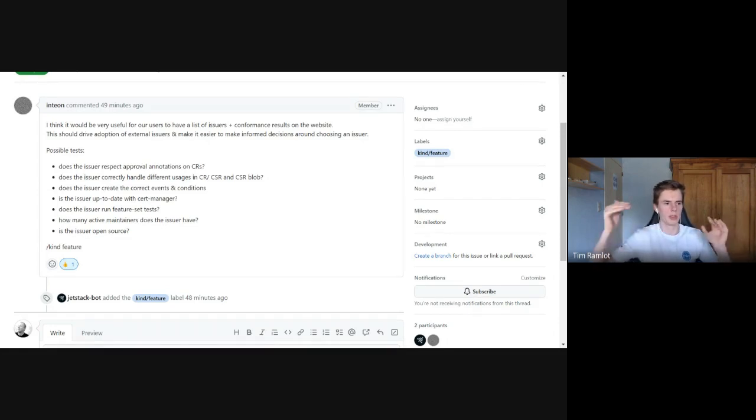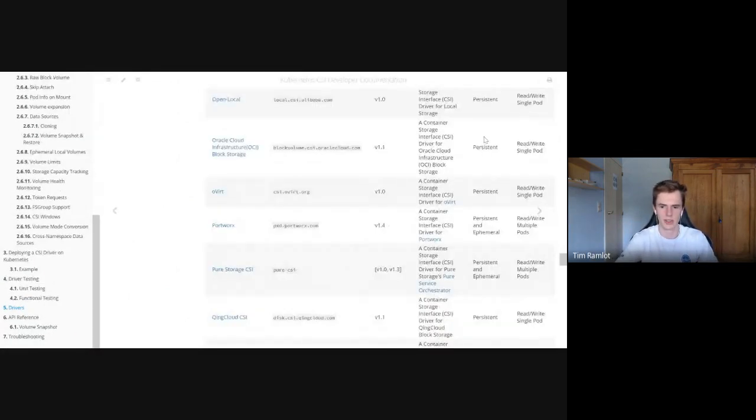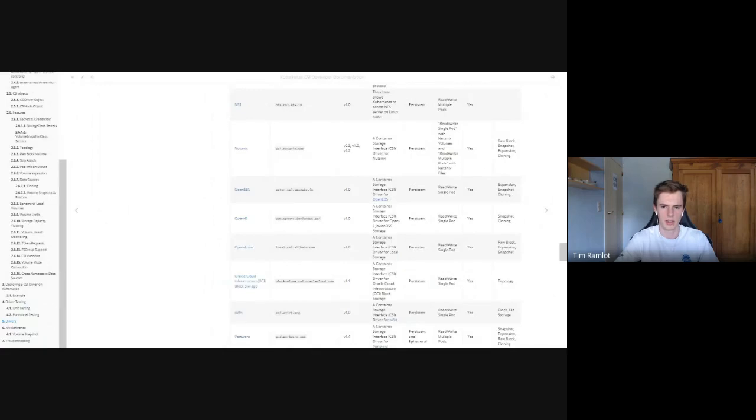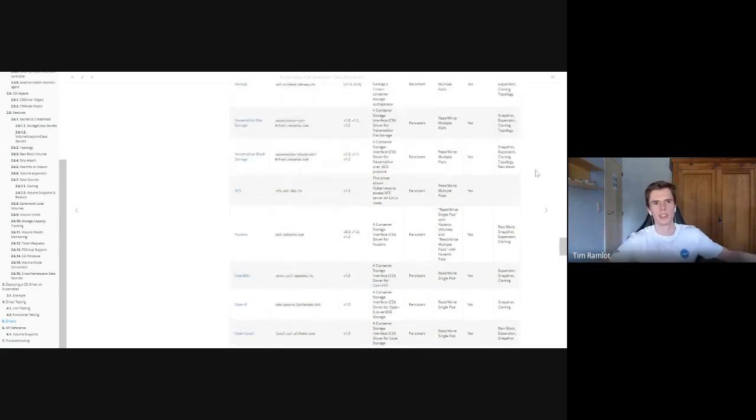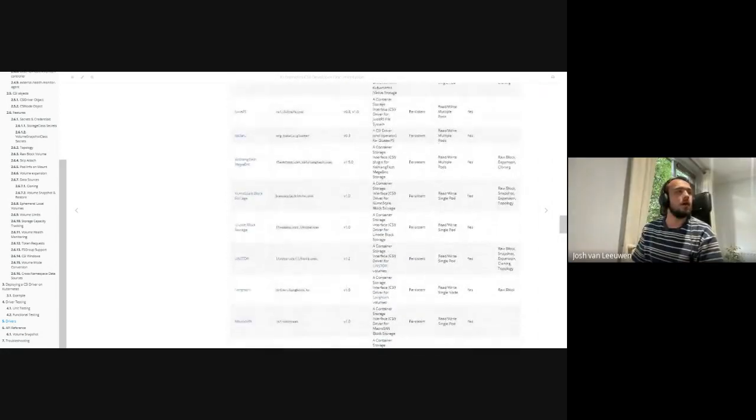But we were thinking more about something that can be used to generate a score, maybe to rank things, or give a gold badge versus a bronze badge. Because it can be a good thing that an issuer supports issuing CAs, but it can also be not desired, right?